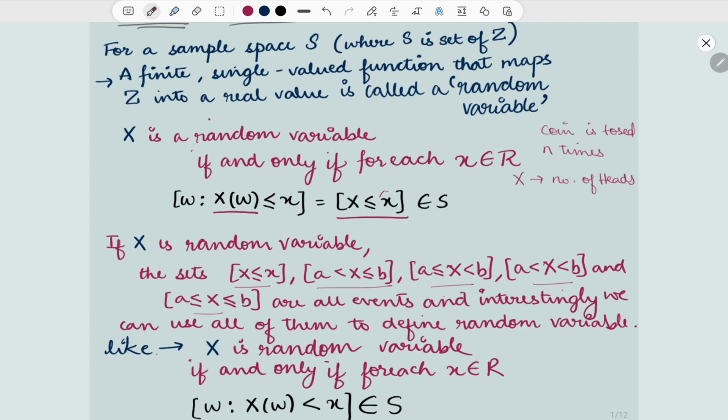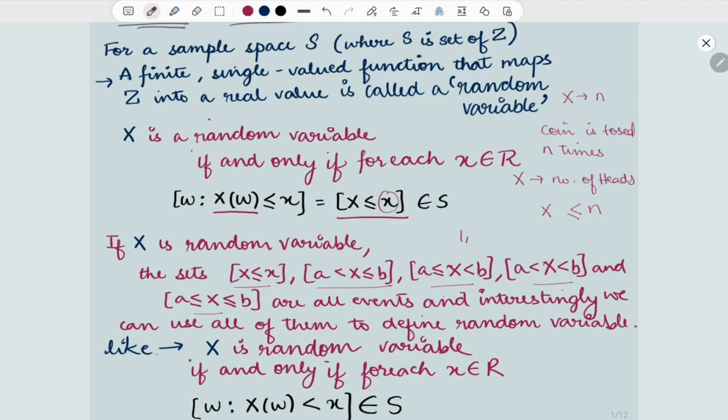See here, this small x is n, which is less than or equal to x. Now, if a coin is tossed n times, x can at max be n, but it will always be less than or equal to n.